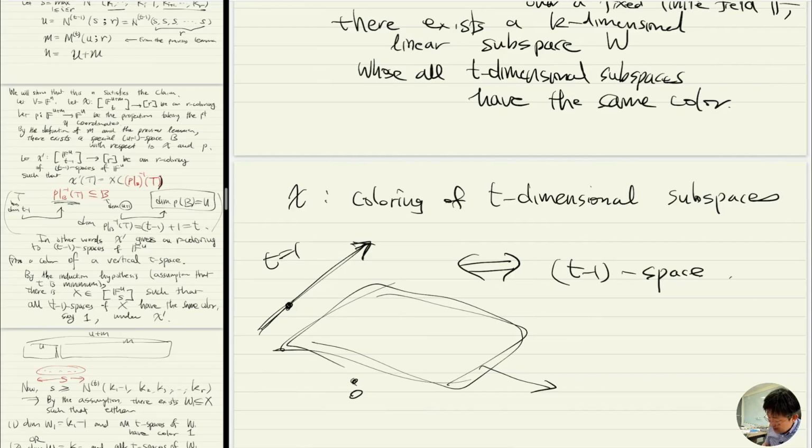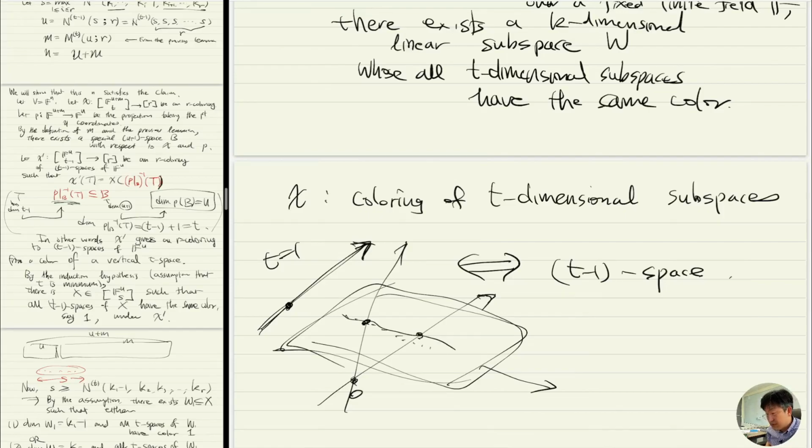And then a one-dimensional subspace becomes a point, and a two-dimensional subspace becomes a line, right?